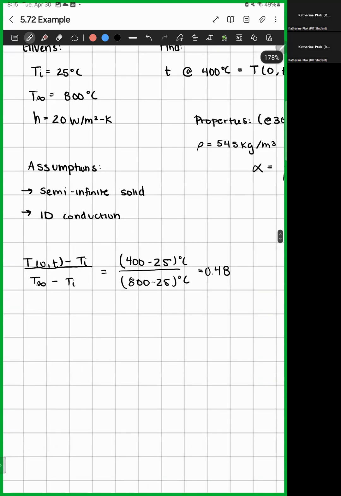And then for the other one, we have x over 2 times alpha t to the 1/2, and we don't even need to put in the alpha or the t because x is at 0. So we have 0 over 2 alpha t to the 1/2, which equals 0.